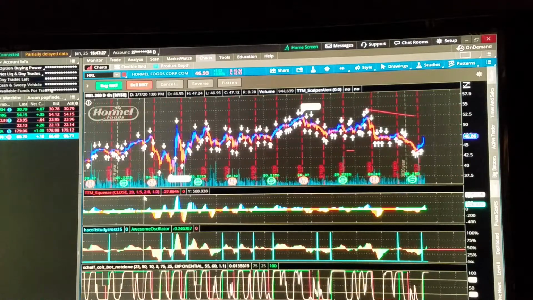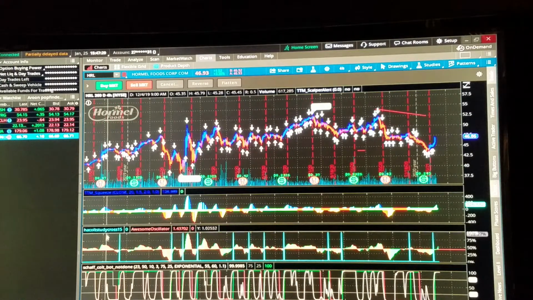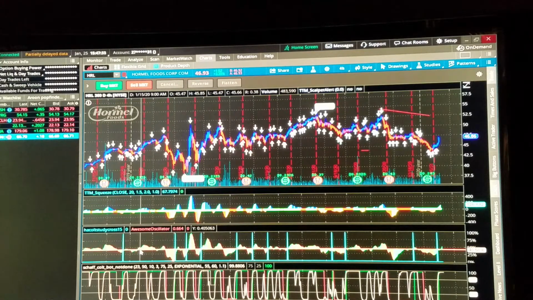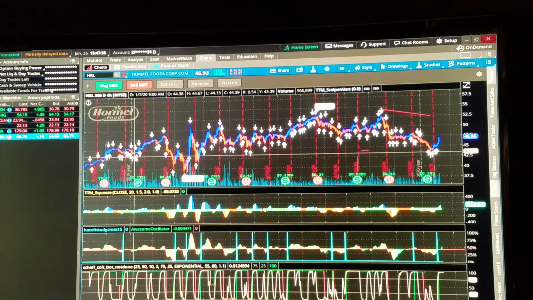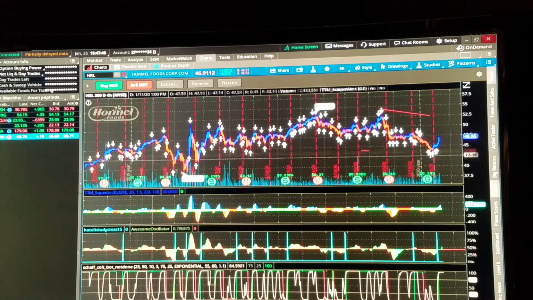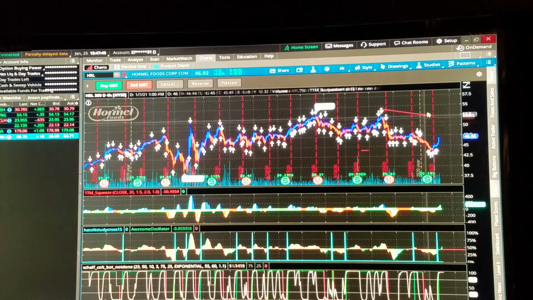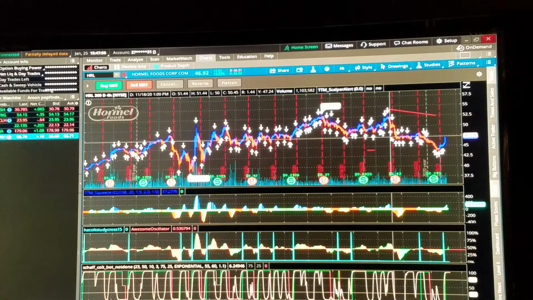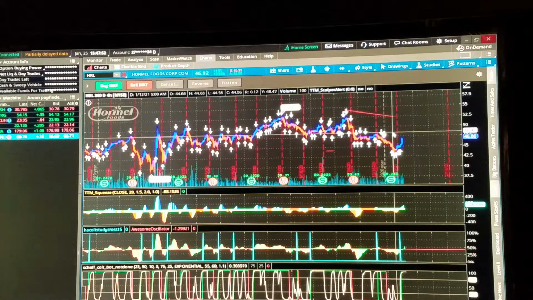How did last year start out? Okay, let's look at that. Similar type of action. From here to here, you're about where you were a year ago. So it looks like it could be ready to take off on the next run.